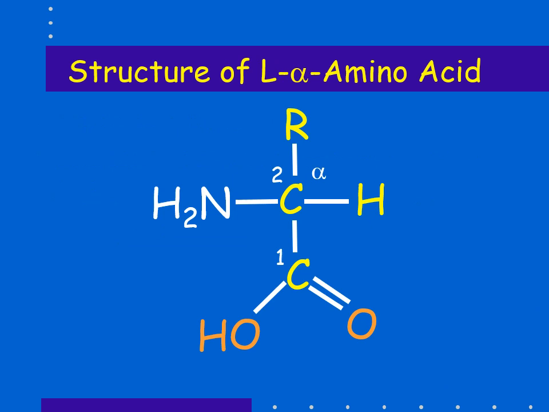So here is the basic form of the amino acids in your body. You can see that there's a carbon backbone, an amine group with nitrogen in it, and crucially, this R side chain. It is this bit here that defines the difference between the variety of amino acids in your body.